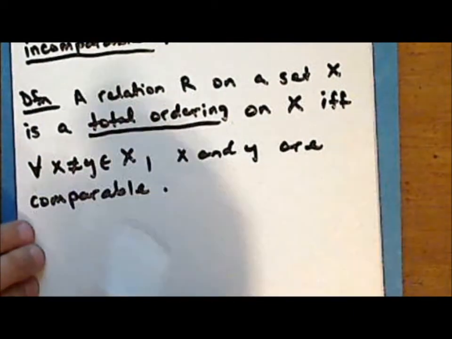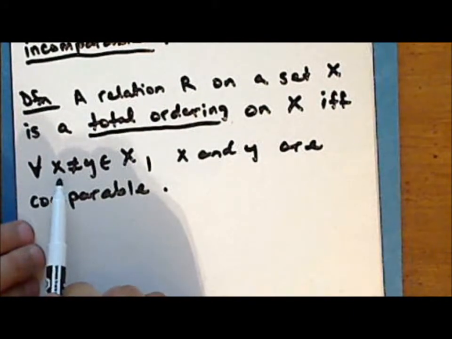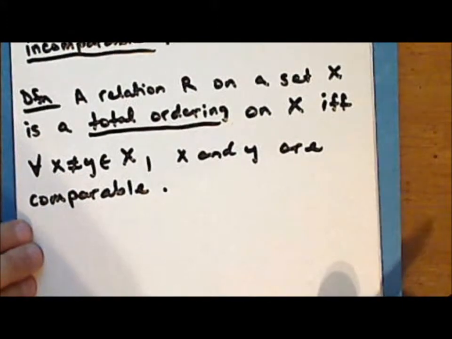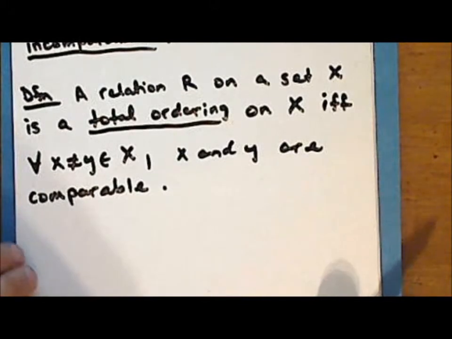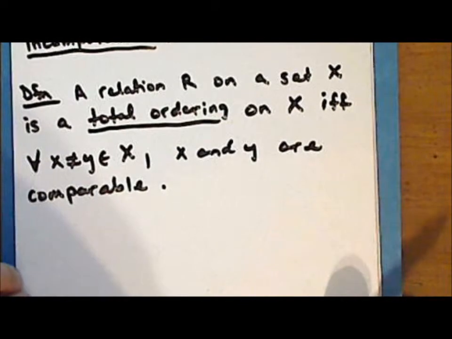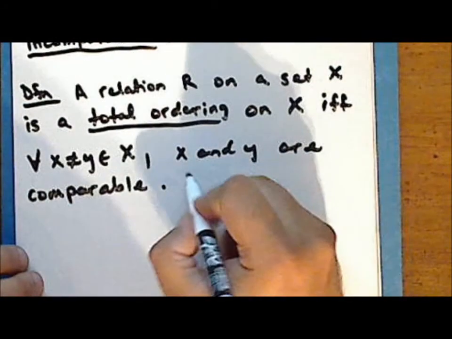So notice that we are requiring only that distinct elements be comparable, but that all distinct elements be comparable, and if this is true, then the relation R is a total ordering on the set X.